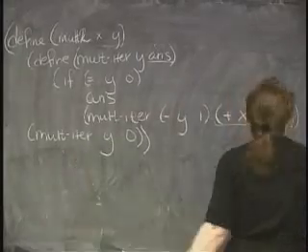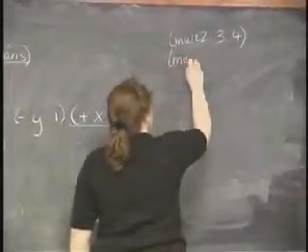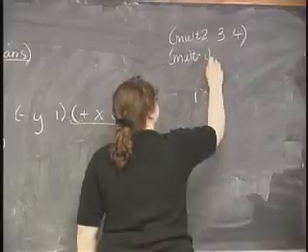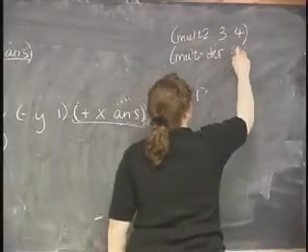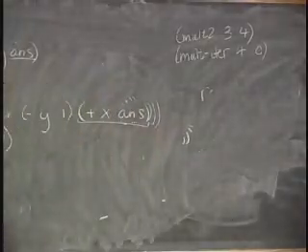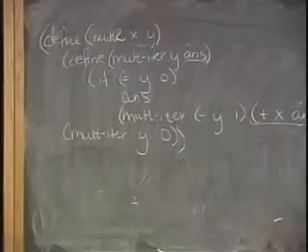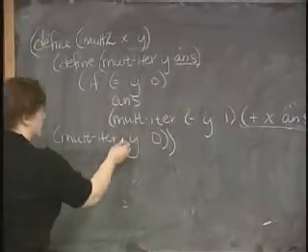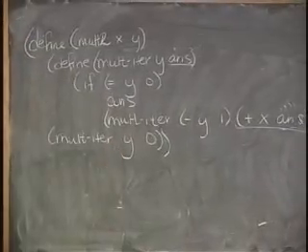Well, that results in a call to mult-iter for 4, 0. Why am I not passing in our x to mult-iter? Why am I not doing that?